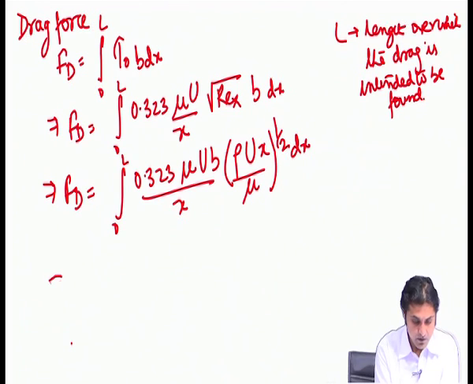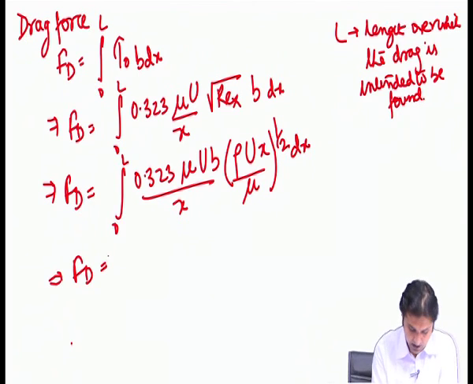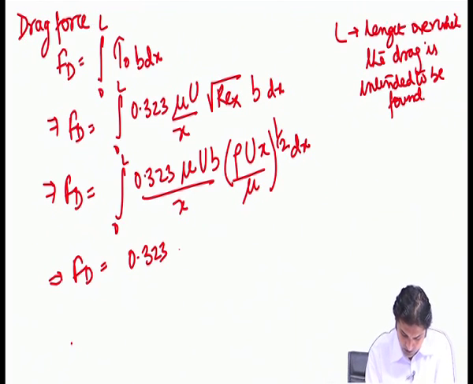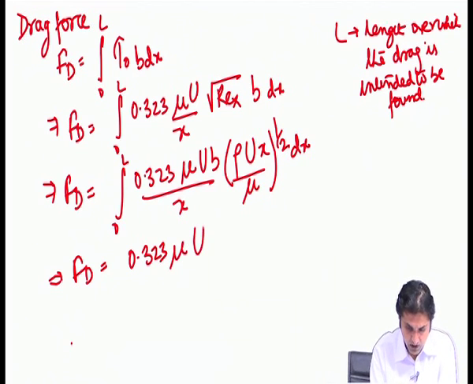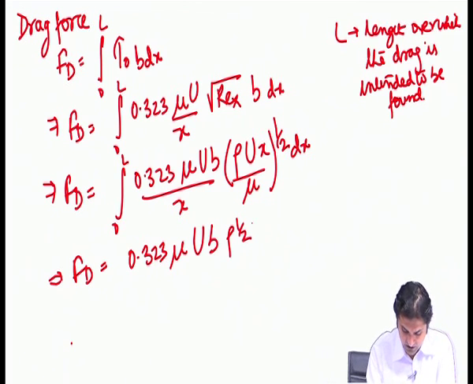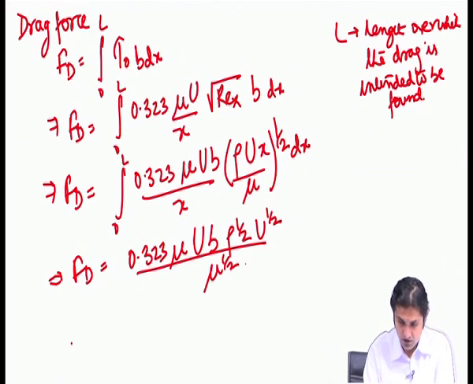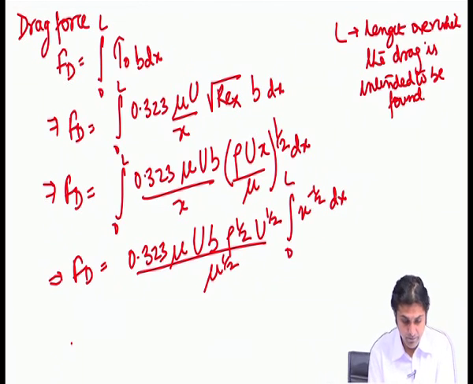So, Fd can be written, after integration, as 0.323 mu capital U b, rho to the power half, capital U to the power half, mu to the power half come out, integral 0 to L x to the power minus half dx. All right.